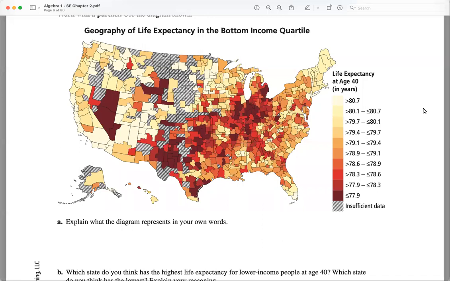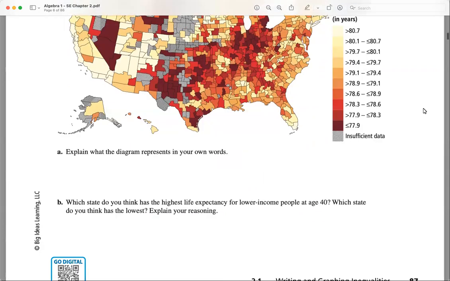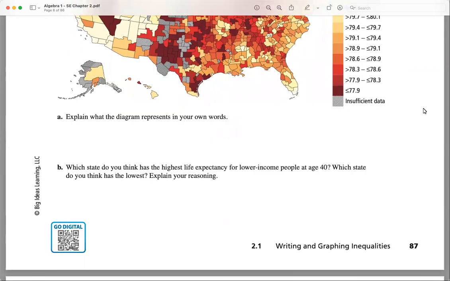So let's take a look after you look at the diagram and you see that some areas are the light yellow and then the orange, the red, and the maroon, which seems to be the one that has the least life expectancy. Okay, now let's move on to answering some questions.